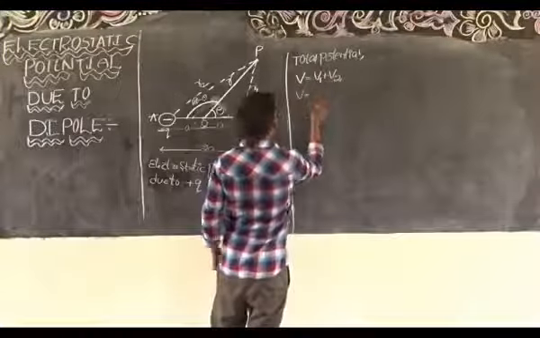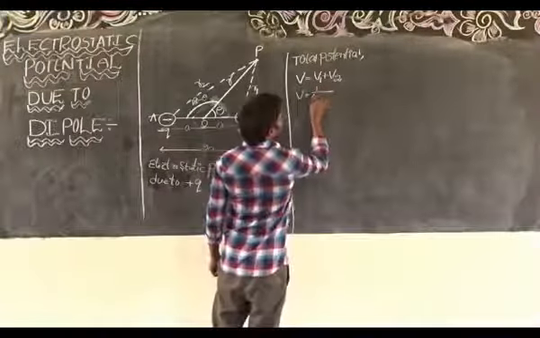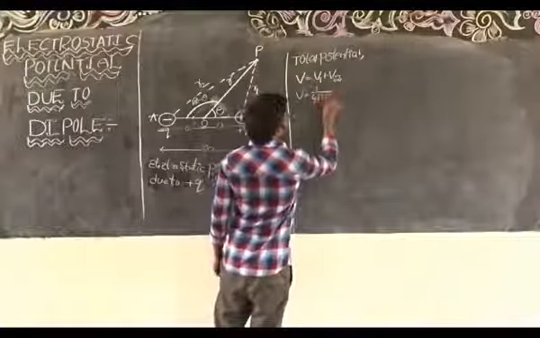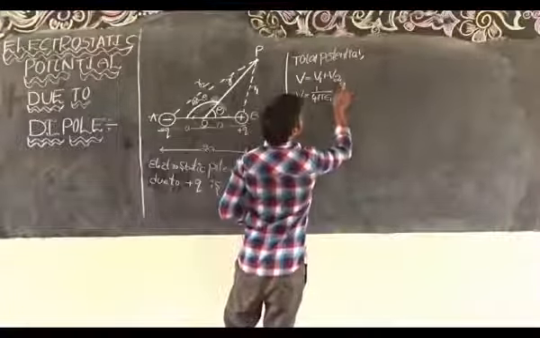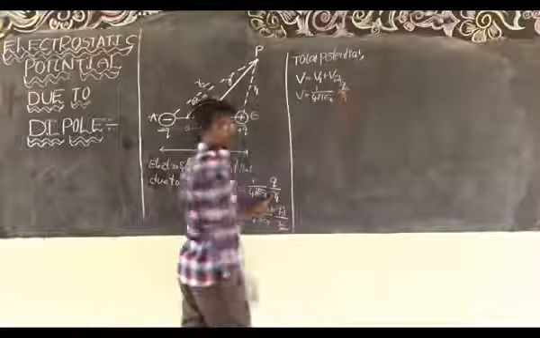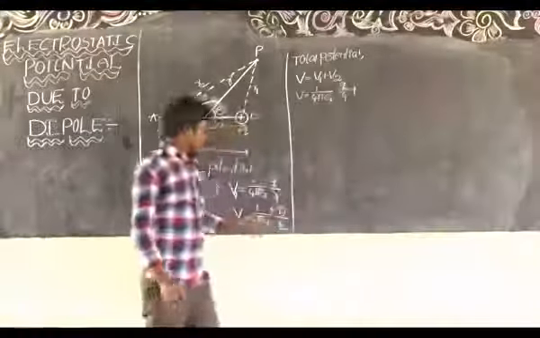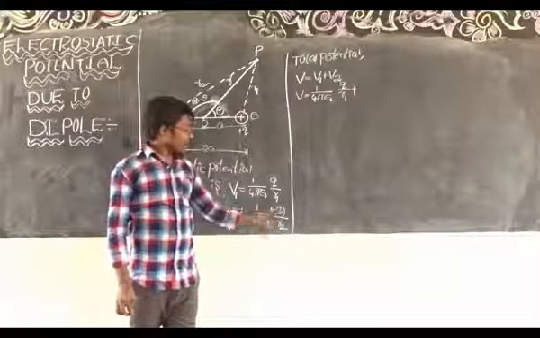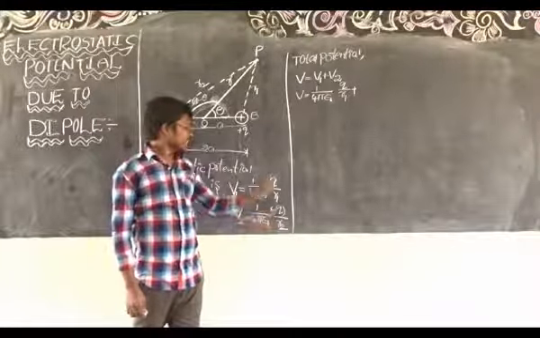Substitute. V is equal to, what is the V1 value? This one, 1 by 4 pi epsilon naught into Q by R1, plus, what is the V2 value? 1 by 4 pi epsilon naught into minus Q by R2. Correct. So the minus I am writing in front.